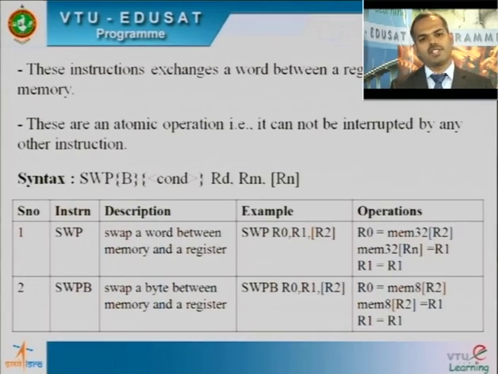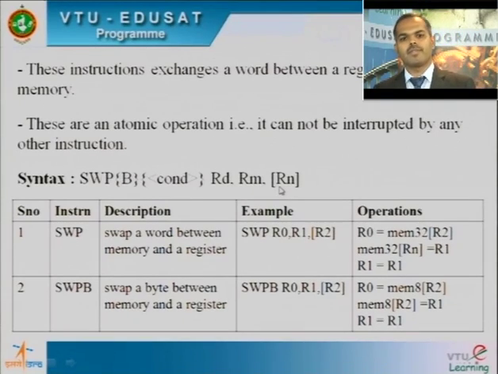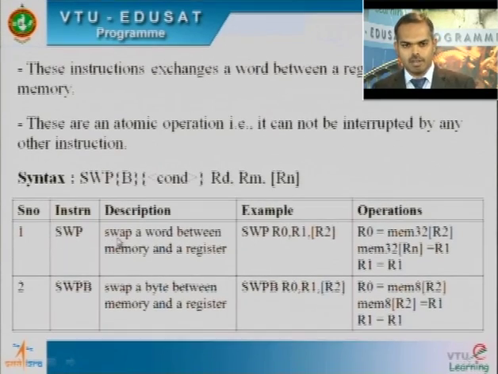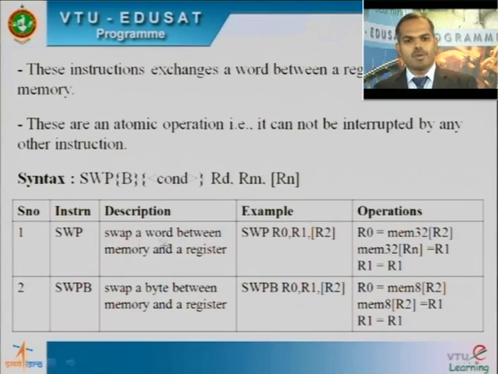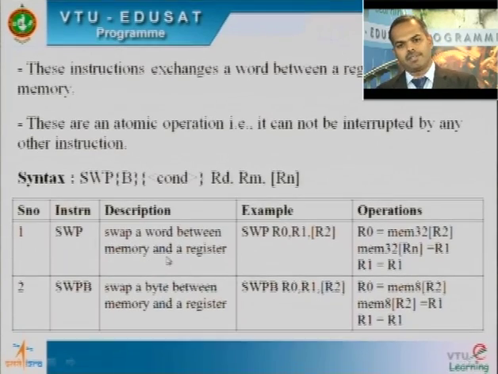The syntax for the swap is SWP, then in curly brackets B, again in curly brackets a condition, then Rd, Rm, Rn. There are two instructions available in the swap. One is SWP. What is that? SWP swaps a word between memory and register.